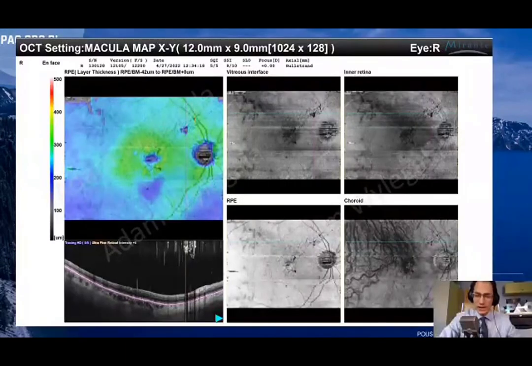So this is the last slide that I prepared for you, and these are the floaters from the Benson disease. I can imagine that Benson disease isn't the best candidate to perform the YAG lysis of the floaters, but still they disturb very much, especially the en-face OCT, like here we have. So these are the floaters, right?